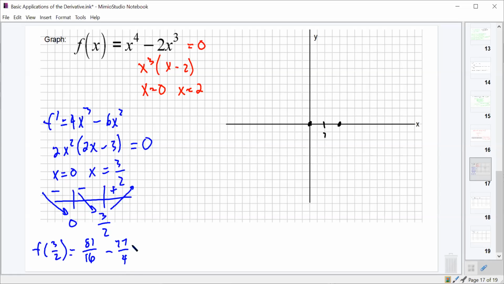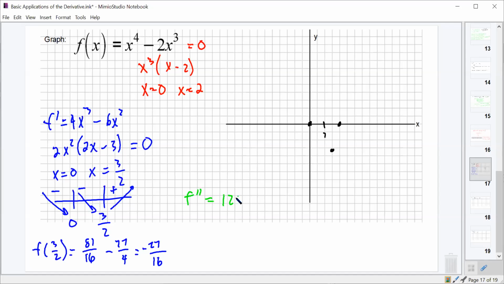Yeah, negative 27 over 16. That sounds good to me. And so we know negative 27 sixteenths is around negative 1 2/3-ish. Not exactly, but around there. So if this is negative 1, negative 1 2/3, right around there somewhere. Everybody good with that point? That's our local min. Okay, and then we'll do a second derivative.